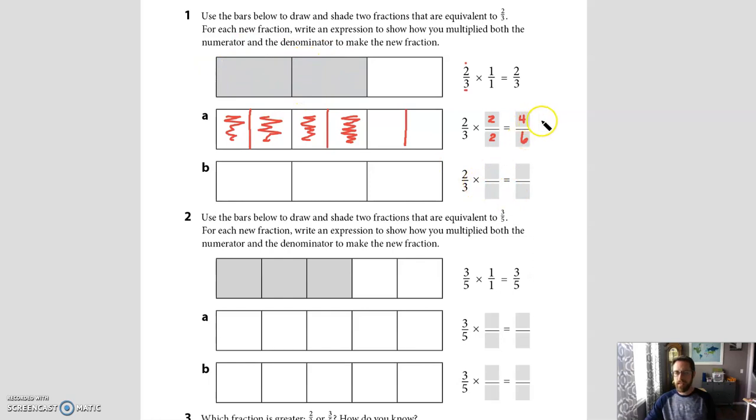Now, if I had 4/6, I could double them each again. Or maybe I want to just multiply them by 4, and I get 2 times 4 is 8, and 3 times 4 is 12. Well, here I split them each in half, and now I'm going to change color so you can see. I'm just breaking those halves in half again, as best I can.